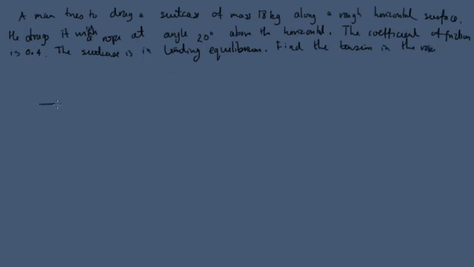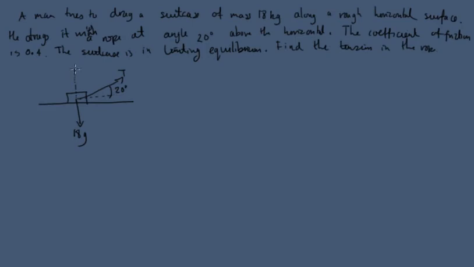So let's draw our force diagram. Here's our suitcase. We know the weight is straight down, so it's 18g, and we have a horizontal, we have this rope with tension T, and that is at 20 degrees to the horizontal. Now this is straight up.